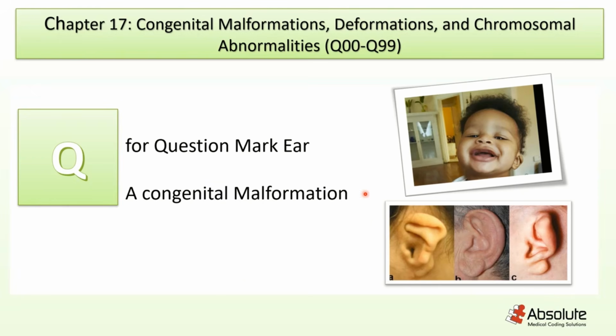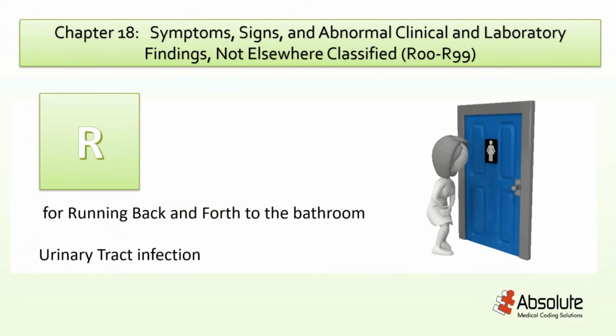All right, next, Chapter 18. Chapter 18 category codes begin with the letter R. In this chapter, you'll find symptoms, signs, and abnormal clinical and laboratory findings, not elsewhere classifiable. Code series R00 through R99.